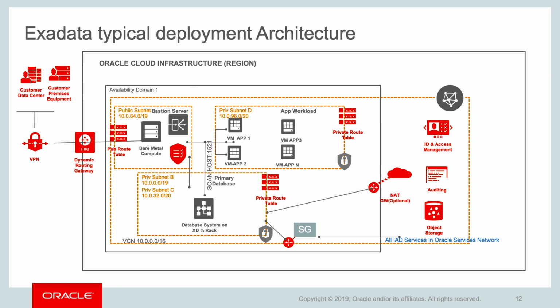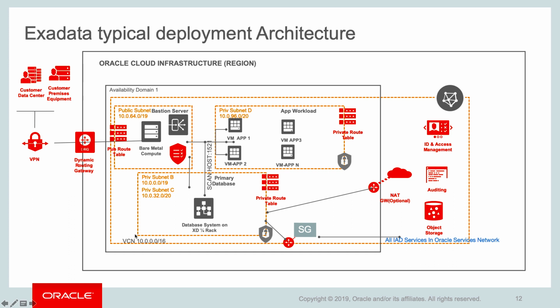Now let's talk about a typical Exadata Cloud Service deployment architecture. In the diagram, I am assuming a customer wants to use Exadata Cloud Service along with certain application workload. To start with the architecture, you are going to deploy the resources in a region of Oracle Cloud Infrastructure.